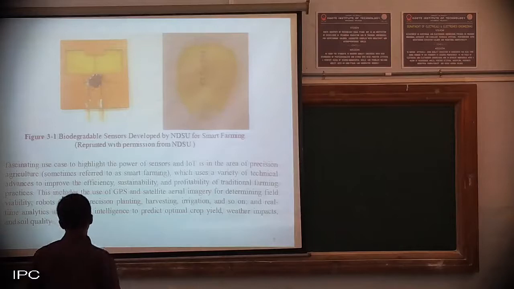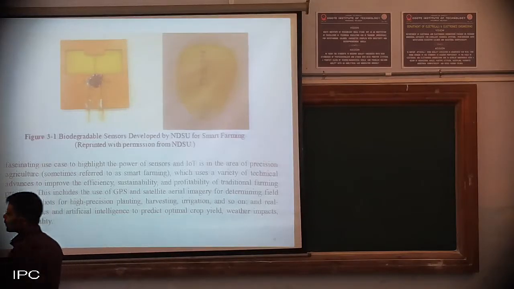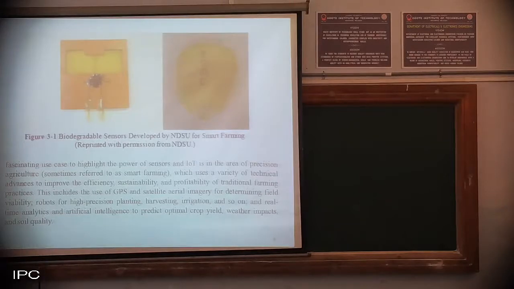And robots for high precision planting, meaning robots can be used for planting without any damage to plants. And then next is harvesting. Robots can be used for smart harvesting, smart irrigation, and so on.